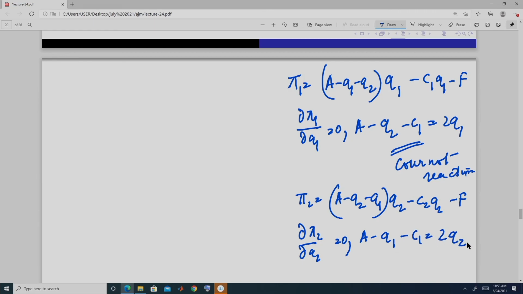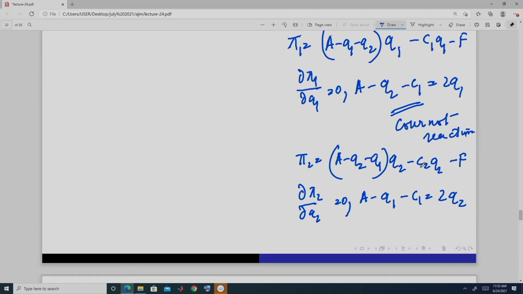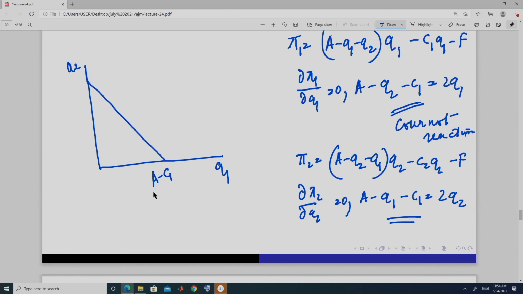We get this. So, this is again firm 2's reaction function. If we plot them, we get this, and this is A minus C1.